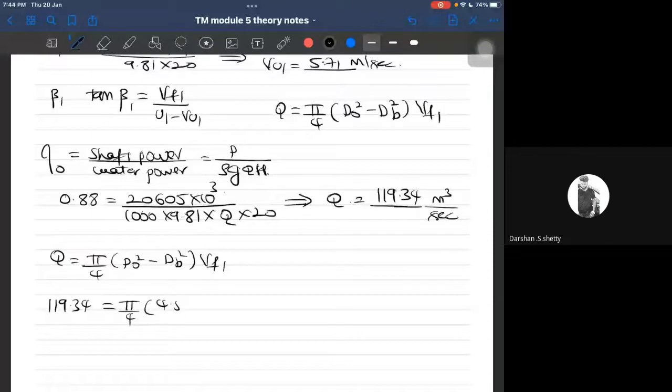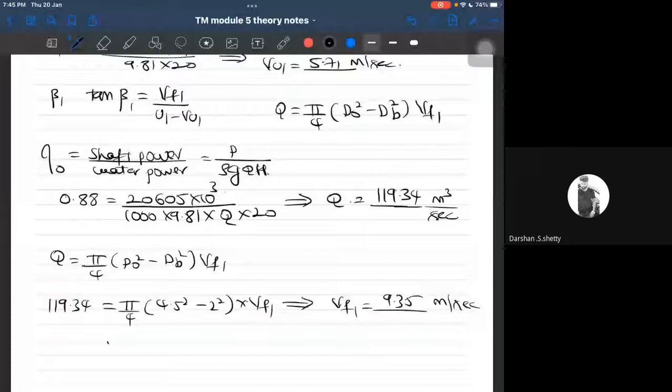So from this, I would get Vf1, which is equal to 9.35. You know very clearly that Vf1 is equal to Vf2, that is equal to 9.35 meters per second.